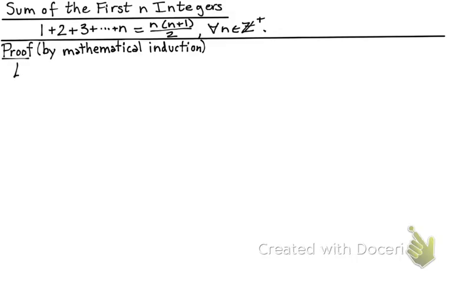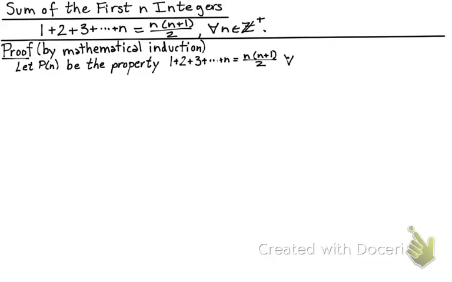So we say let P of n be the property that 1 plus 2 plus 3 plus so on till we get to n equals n times n plus 1 over 2 for all n element of the positive integers.